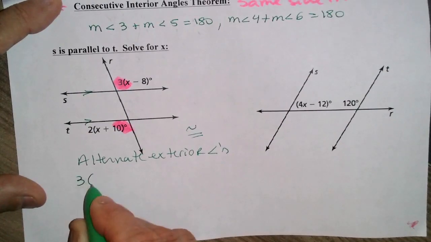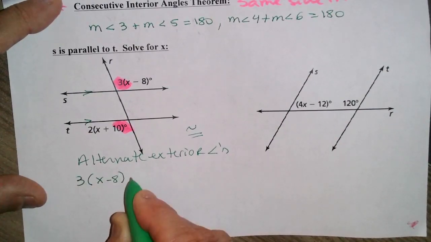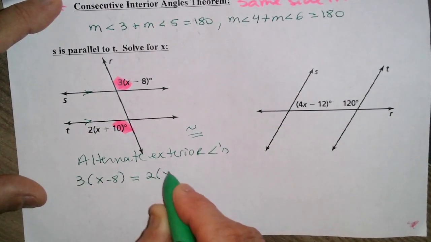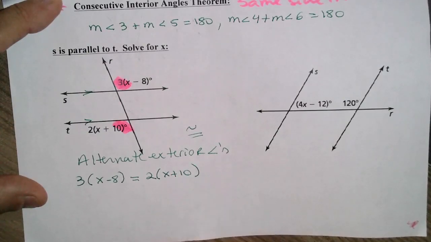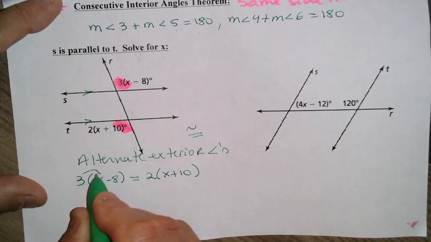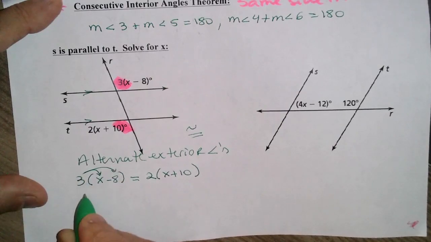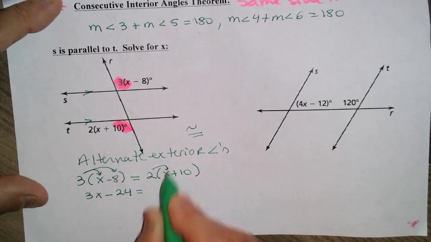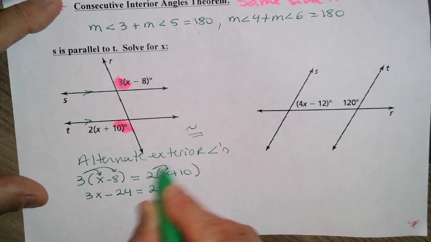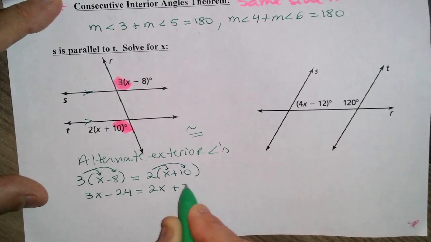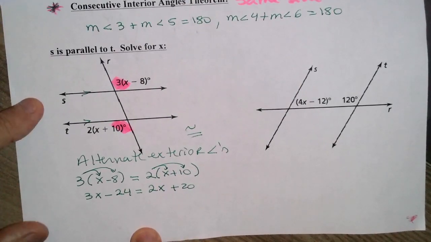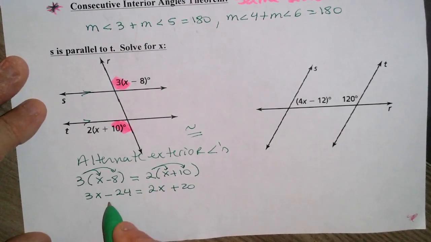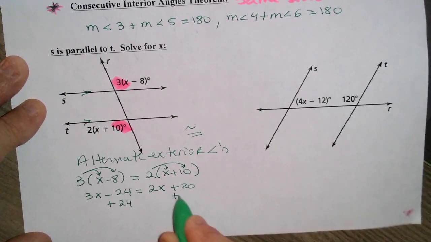So 3x minus 8 equals 2x plus 10. Now we can add 8 to both sides.